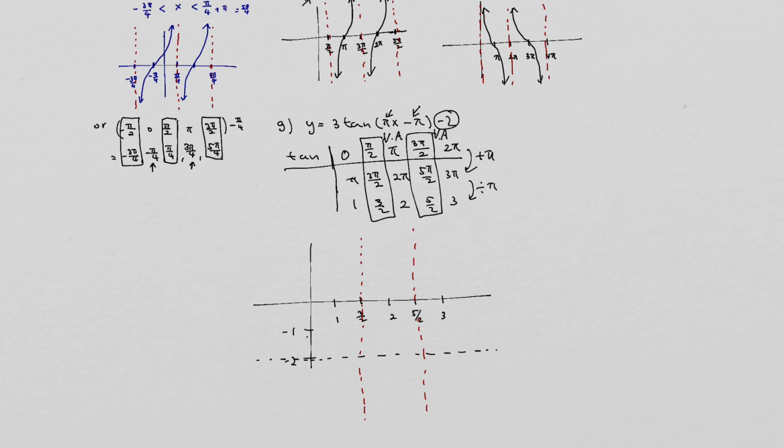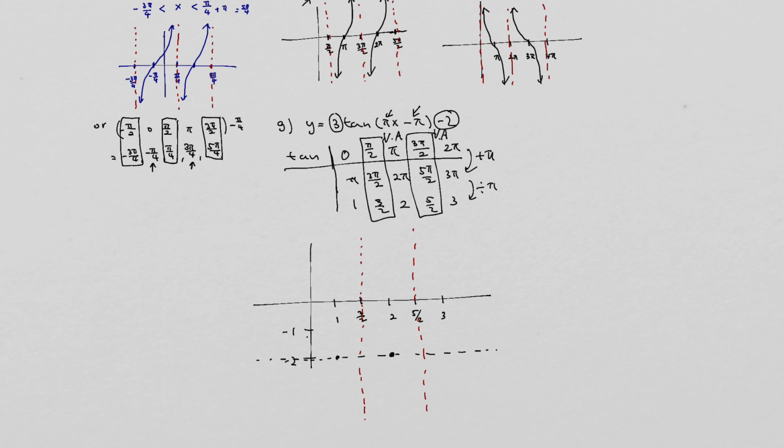And what does this 3 do? That's going to be the steepness of your lines, though you will not be able to show that well. So those are going to be the points, right?